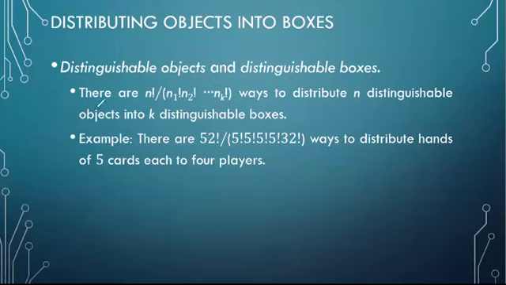So these are the same things which I have written, but the formula is written clearly over here. The first case is distinguishable objects and distinguishable boxes. It is similar to permutations with indistinguishable objects.